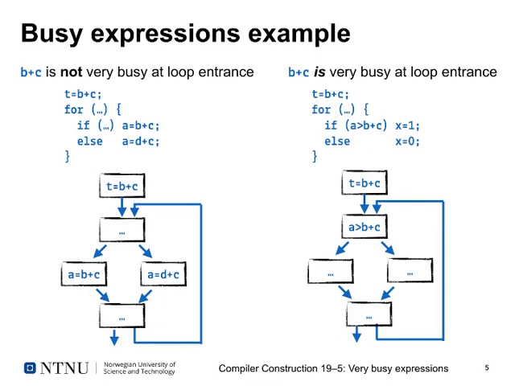So here we have an example for busy expressions. B plus C is not very busy at the loop entrance here, because in this example we have a calculation of B plus C, but for very busy expressions we need to ensure that this expression B plus C is actually evaluated in all of the paths starting from this location in our program.